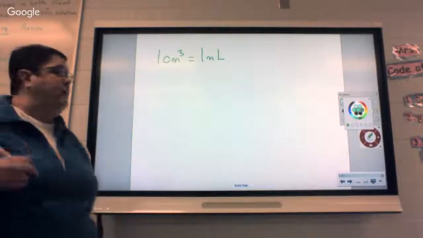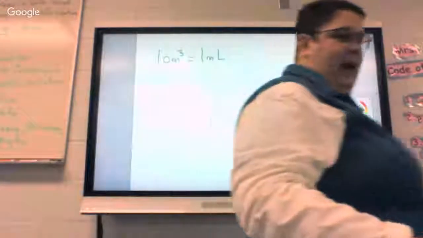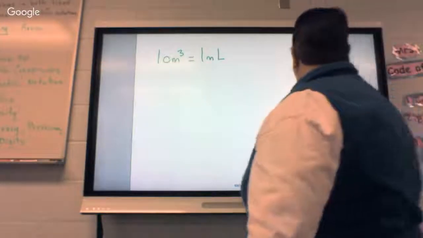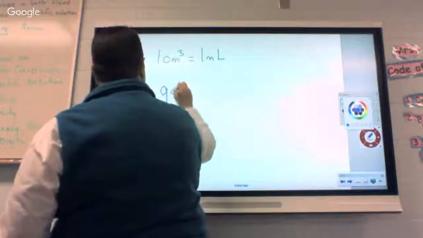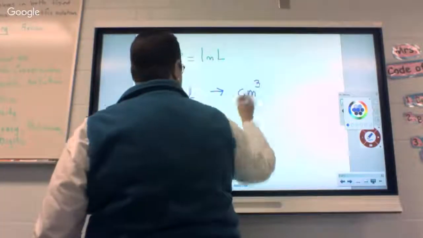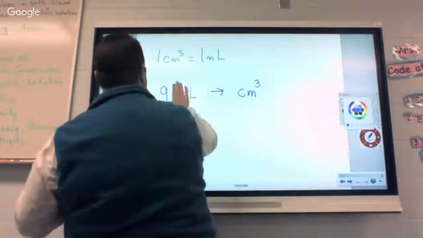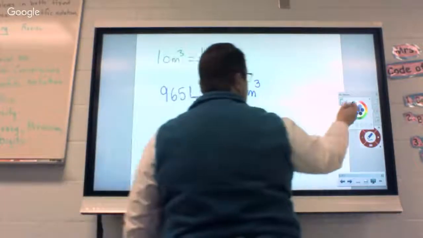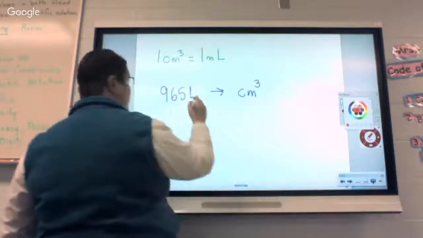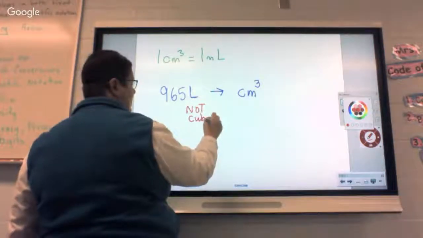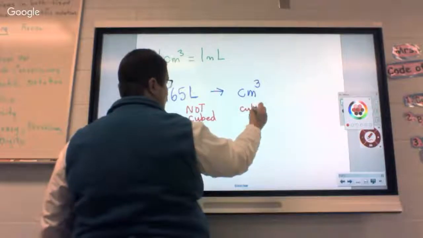Now, if I look at the question they asked me, it said to take 956 liters and change it into centimeters cubed. So I'm still doing it. If I look at what they gave me, I'm going from something that is not cubed into something that is cubed.